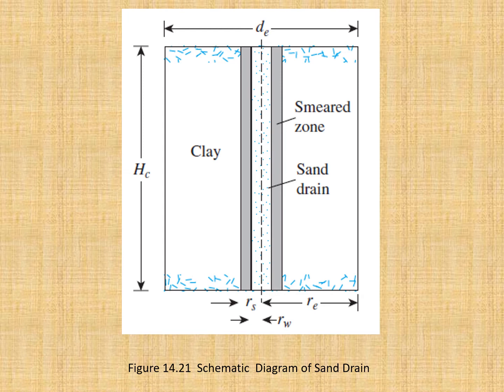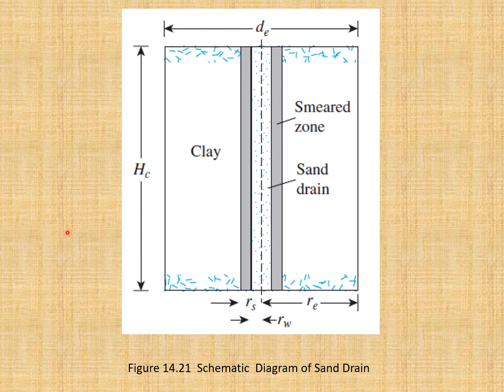Now on this particular slide you can see one important thing, that is the smeared zone. This is the smeared zone. This one is also the smeared zone. So to understand that smeared zone, I need your attention.